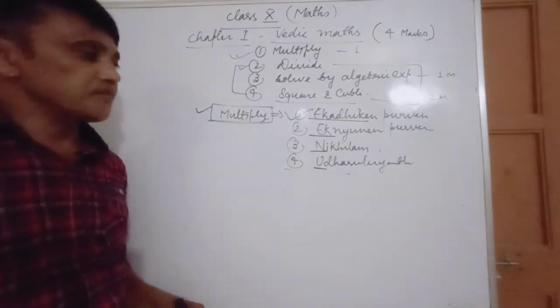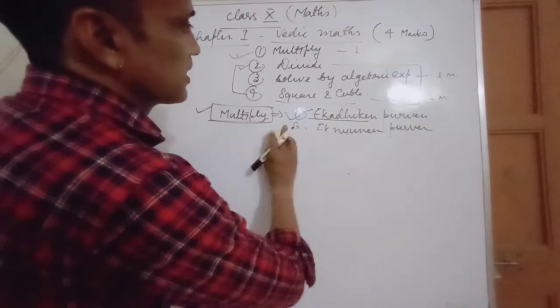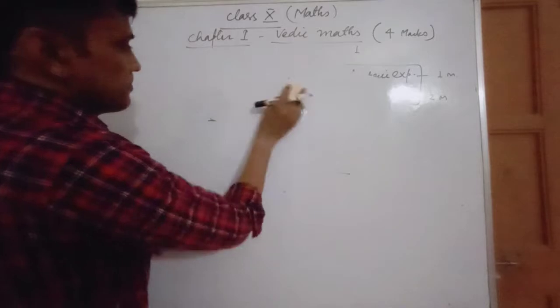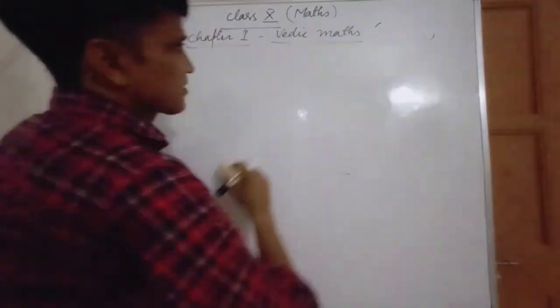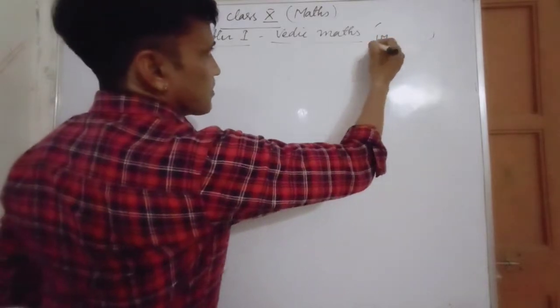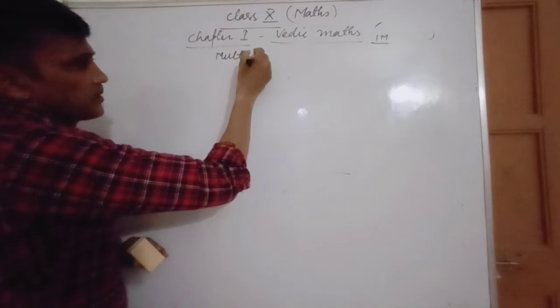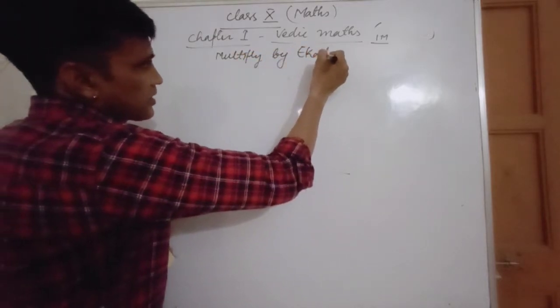First of all, we will solve some questions of multiplication. See, first topic is एकाधिकेन पूर्वेण. Multiply by एकाधिकेन पूर्वेण. It is of 1 mark. From chapter 1, multiply by एकाधिकेन पूर्वेण method.